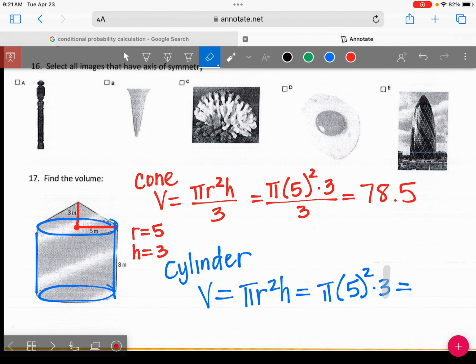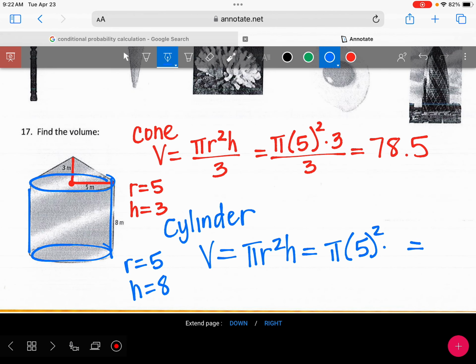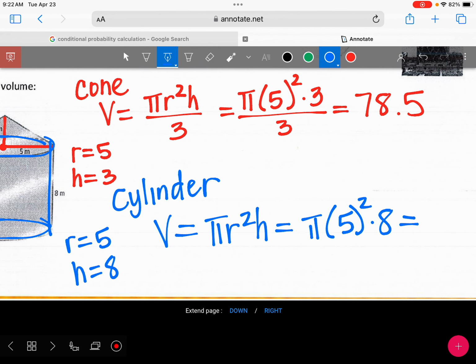What's the height of our cylinder? So let me go back. The radius of the cylinder is still 5. But what's the height of my cylinder? 8. Does everyone see that? We still have a radius of 5, but the height is 8. So h is 8. You're going to do pi r squared times 8.